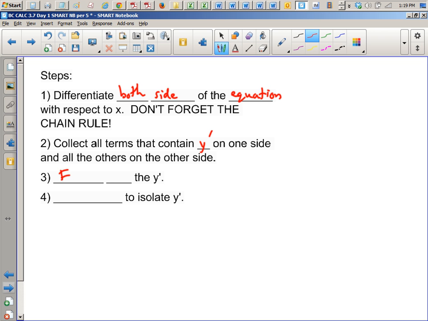Then we will factor out the y prime and divide to isolate y prime. So you can think of it this way: differentiate, group, factor, divide. That's how it goes. Differentiate, group, factor, divide. By the way, differentiate is the verb for take the derivative. Okay, because you didn't know that word.